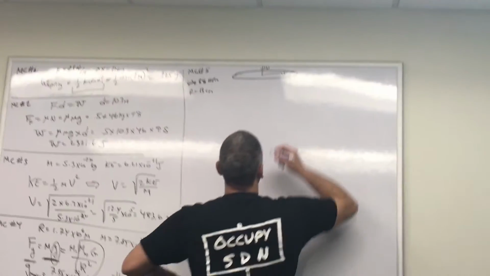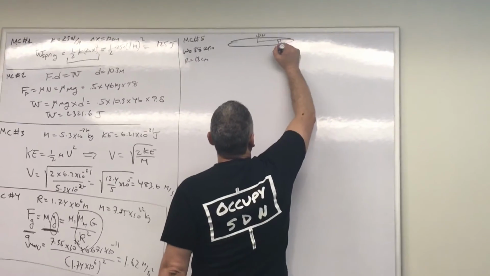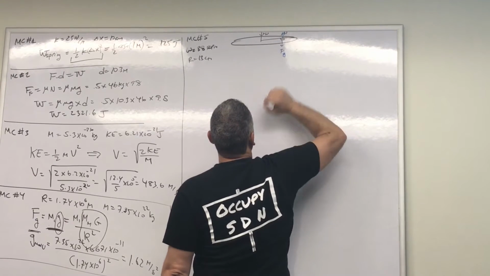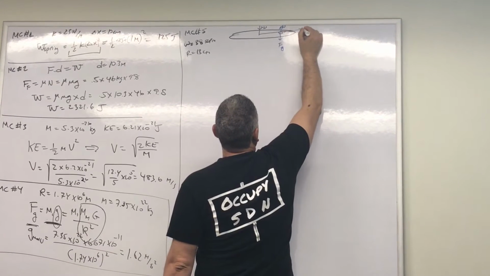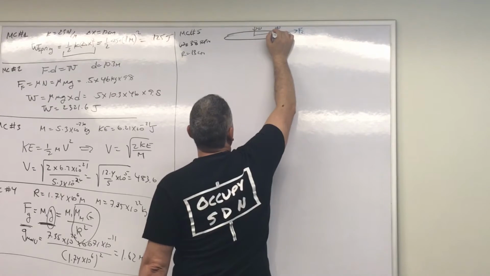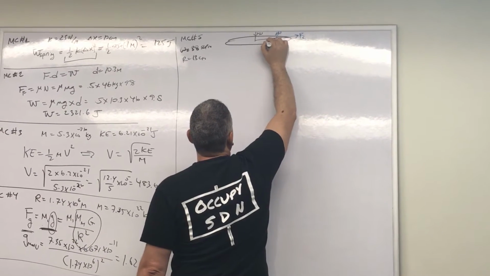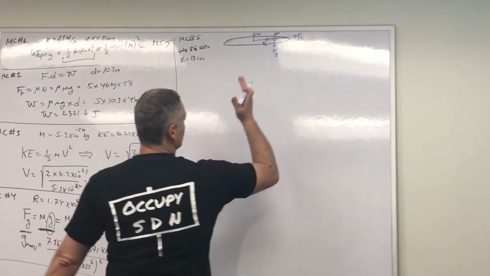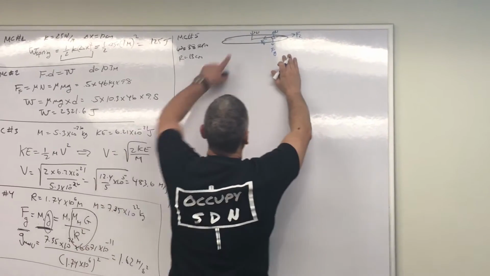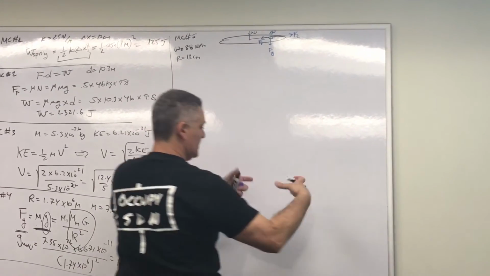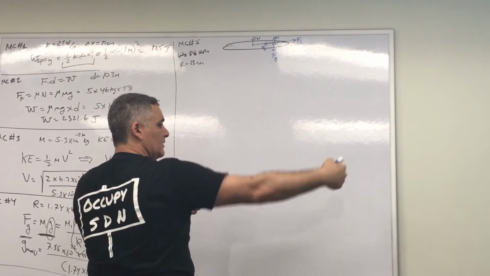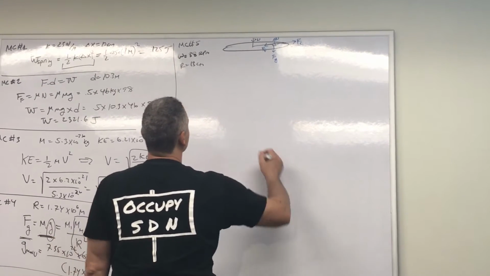So what we have is the force of gravity, the normal force, the centrifugal force, and the force of friction. When I draw the surface of a disc, the normal force and force of gravity act up and down, and the centrifugal force acts outward, and towards the center is the frictional force.